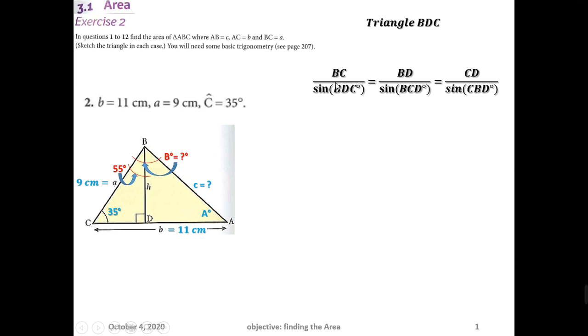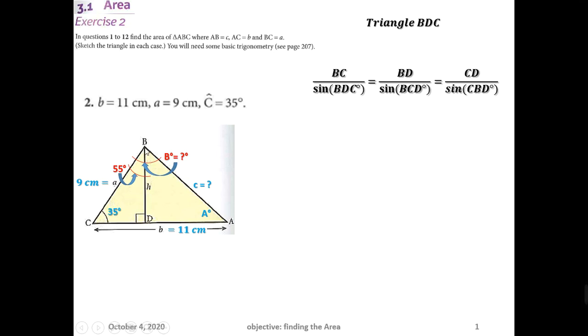Let's substitute. So side BC is actually equal to 9 centimeters over sine of angle BDC, so sine of 90.